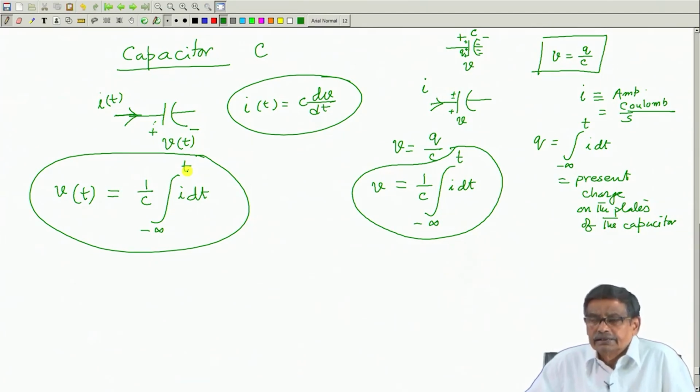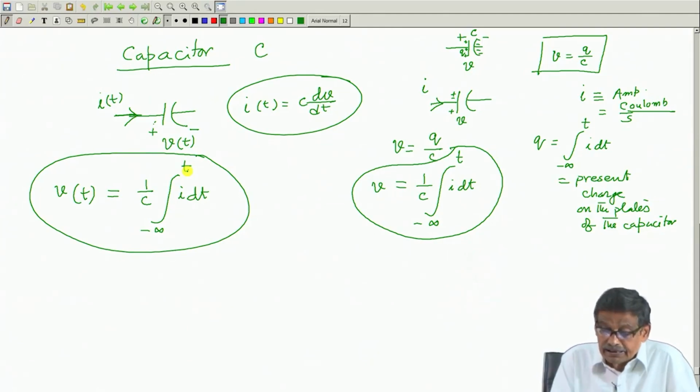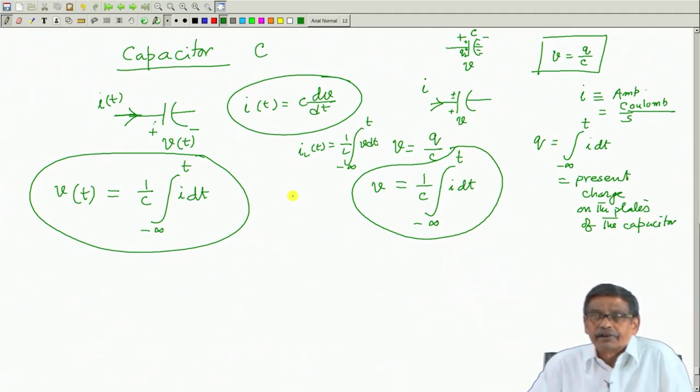The present value of the voltage across a resistor only decides the present value of the current, I equals V by R, R is constant. No previous history is needed. But in the case of an inductor, we have seen the inductor current depends upon the previous voltage you have applied. You recall, it is the same equation in a different form.